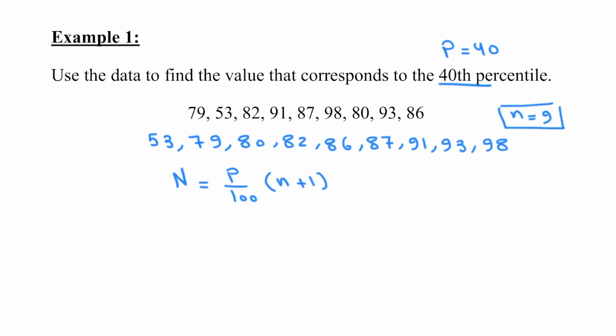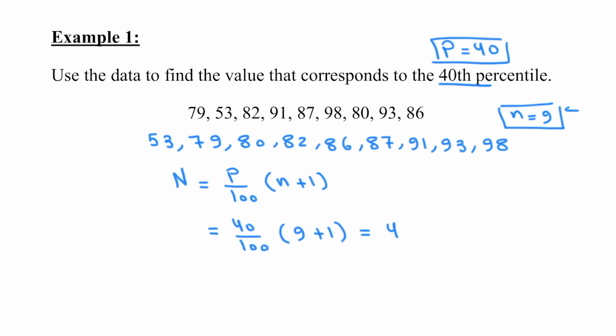As we noticed, we have P equals 40 and N equals 9. So we can write 40 over 100 times 10, instead of N, 9. The answer will be 4.